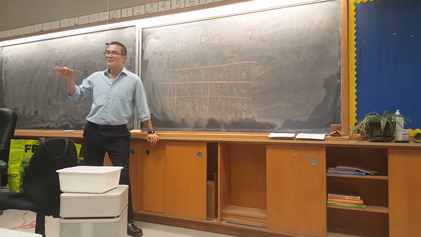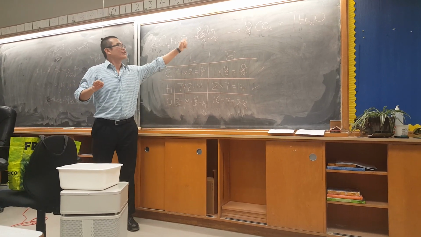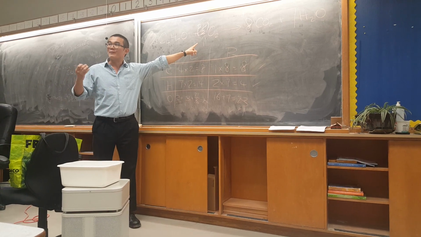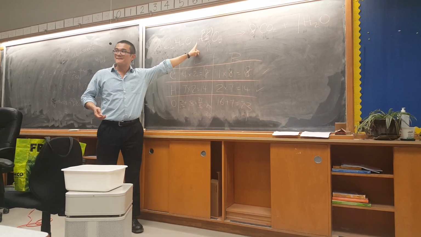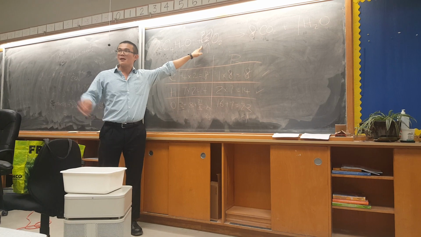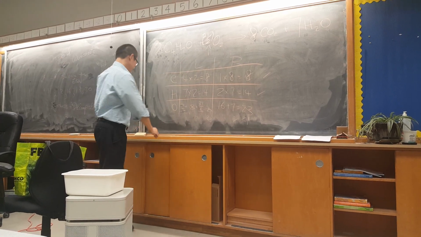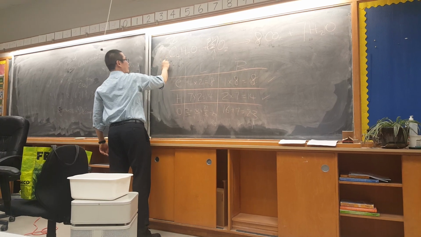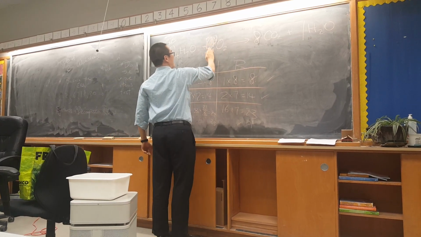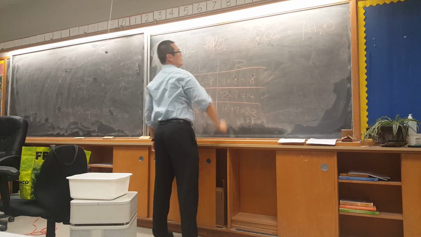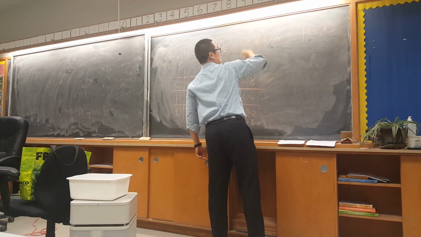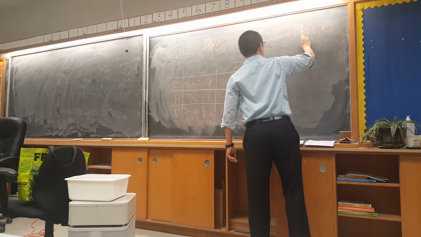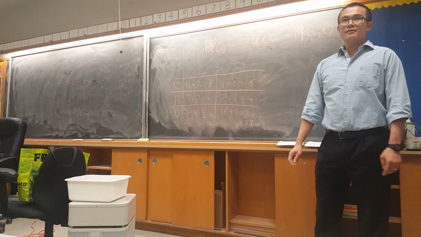Now, are we allowed to have a fraction or decimal for a coefficient? No. But what would be one easy way to get rid of this over 2? Times everything by 2. So in this case, 4 times 2 gives me 8, this 21 over 2 times 2 gives me just 21, times this by 2 gives me 16, times this by 2 gives me 14. Okay?